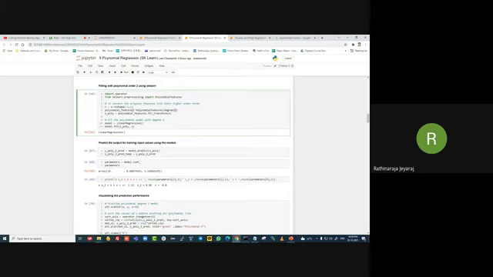Now I get the reference here, and then using this polynomial features, I fit the input feature x, and I got some output with x poly. I have to import linear regression, and for fitting the linear regression model, I have to pass x poly and then the output feature y.